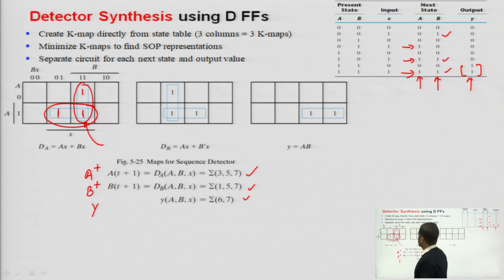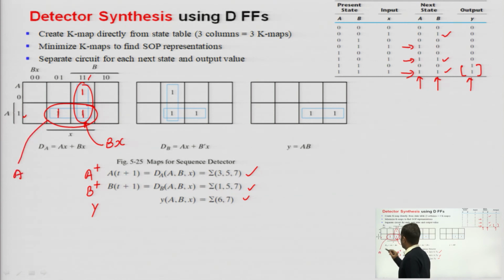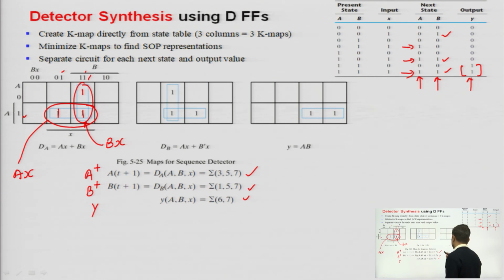From the row side nothing is common, 1 1 means Bx, and from this one 1 is common, which corresponds to A, and from this 1 1 it corresponds to x. So the expression becomes Ax plus Bx. So A plus is equal to Ax plus Bx.